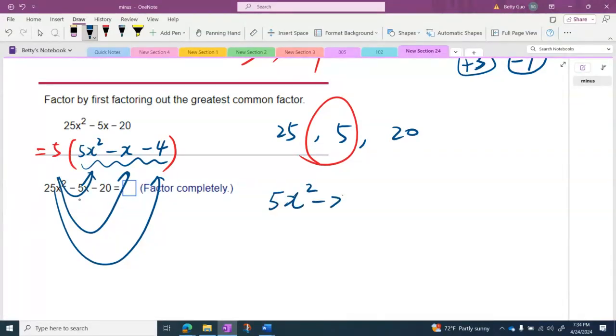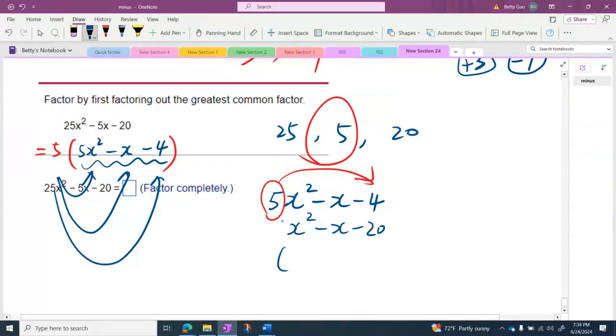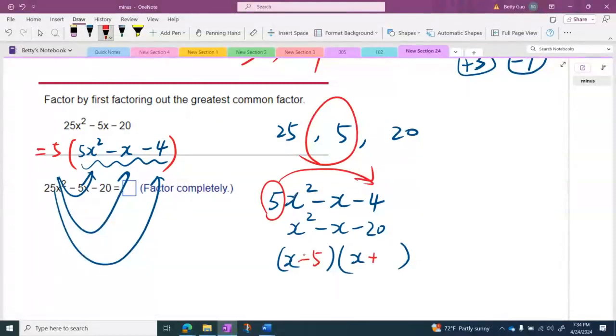And let's see this trinomial, 5x squared minus x minus 4. Slide, divide, slide. And we have x squared minus x minus 20. Shortcut. Which two numbers multiply to negative 20 and add up to negative 1?